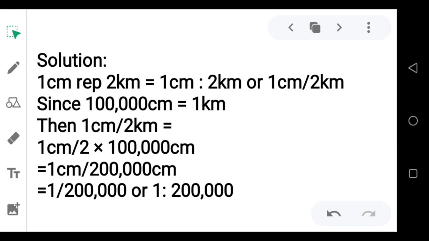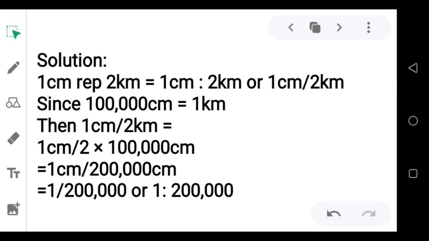Very simple. 1 centimeter represents 2 kilometers is the same as 1 centimeter to ratio 2 kilometer, or 1 centimeter over 2 kilometer.